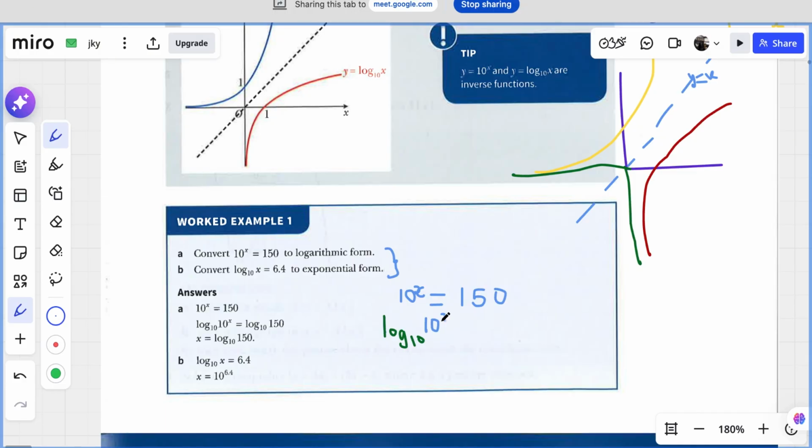So it's equal to log to base 10 of 150. The only thing we did, this is the question: we introduced log to base 10, then wrote whatever was given to us here, and on the right we also introduced log to base 10 and have 150. So this is the first step.